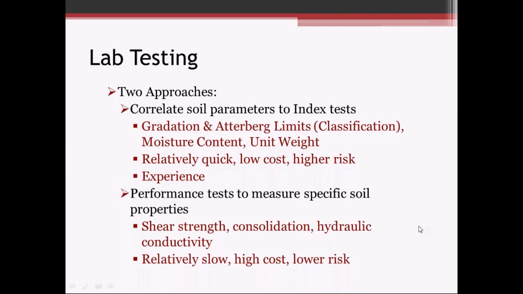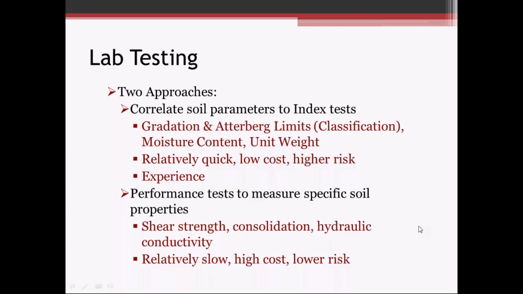These tests are relatively quick to perform and easy to set up, so they usually have a low cost. However, there is a little higher risk using correlation. So we often rely on experience when correlating soil parameters using the index tests.